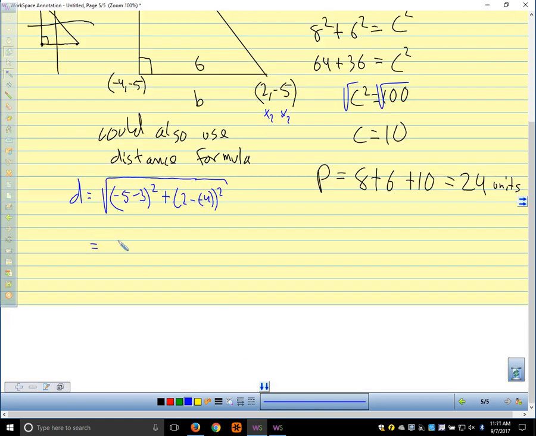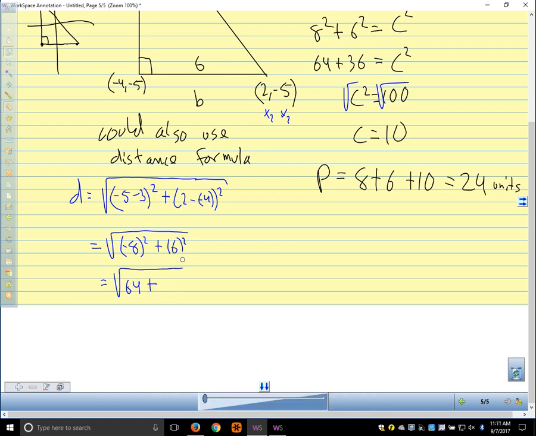Do we see what's going to happen? Negative 8 squared plus 6 squared. The square root of 64 plus 36. Square root of 100. 64 plus 36. They're the same thing.